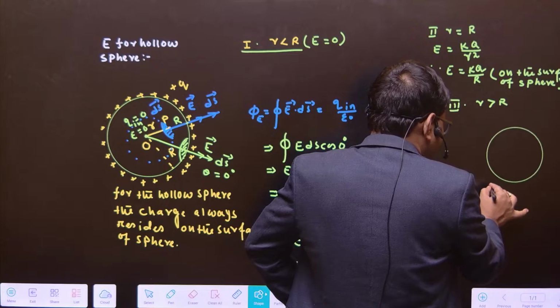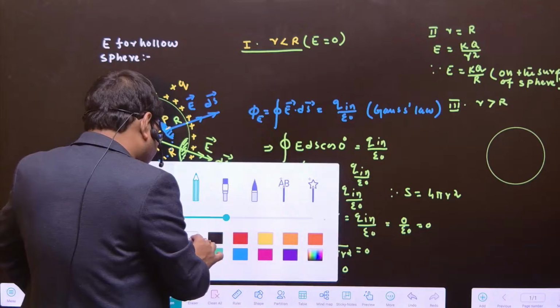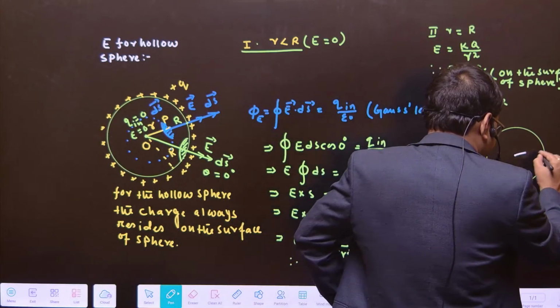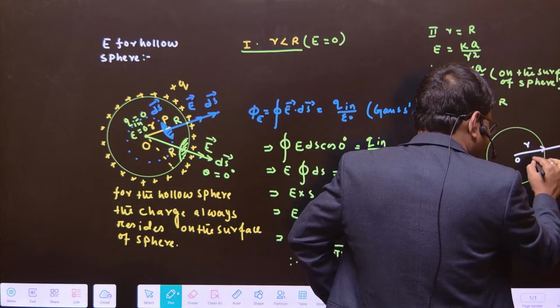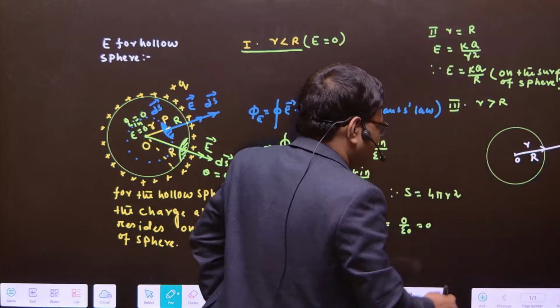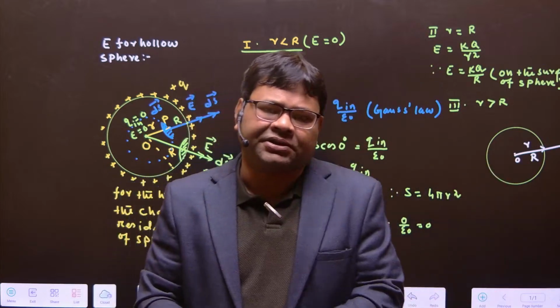Outside, take any point P, at distance r from the center, where the radius of the sphere is R. At point P we have to find the electric field.